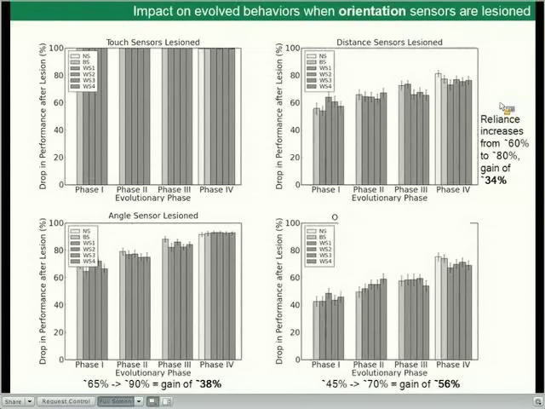And then again, that dependence grows rapidly over time, and the rate of increase in dependence is most pronounced for the orientation sensors. So in the case of the distance sensors, it goes from 60 to 80% dependence, so it becomes about a third more dependent. Same thing for the angle sensors, but there's an over 50% increase in reliance on the orientation sensors.